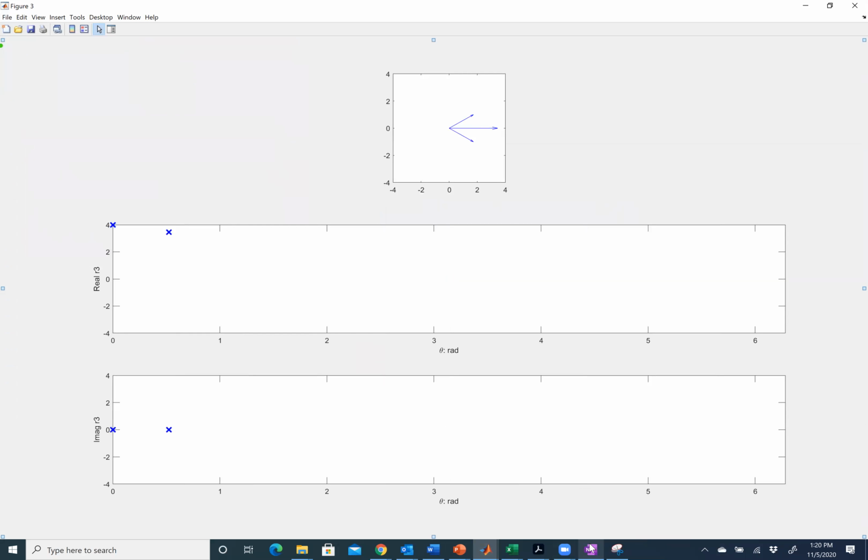If you look at the top image, what I see is those two vectors rotating, and then I see the sum of them. At the bottom, I'm plotting the real part and the imaginary part of the sum. If you watch what's going on, the sum basically traces out cosine as time advances. I'm playing this very slowly.